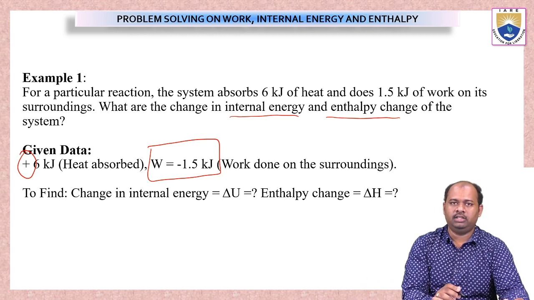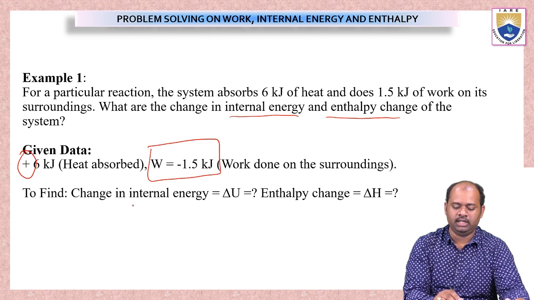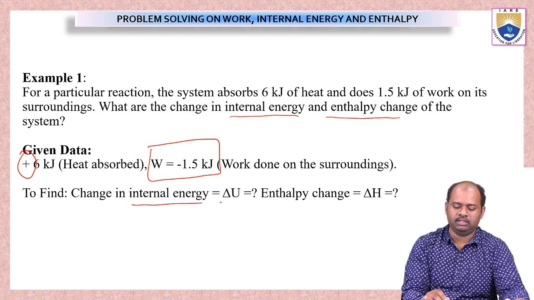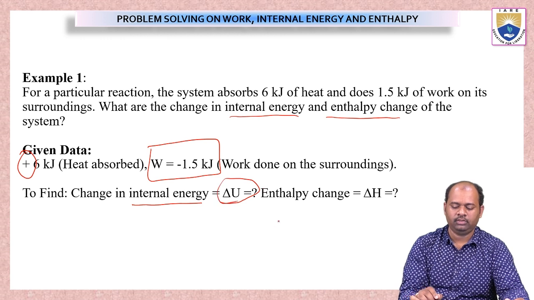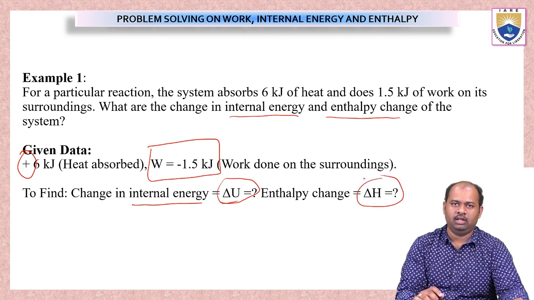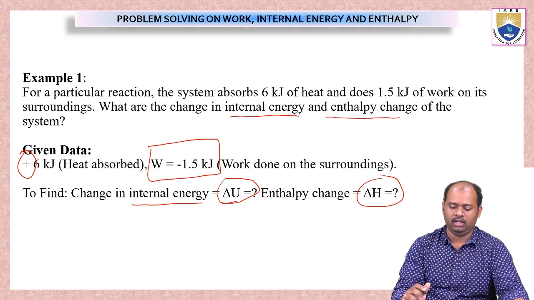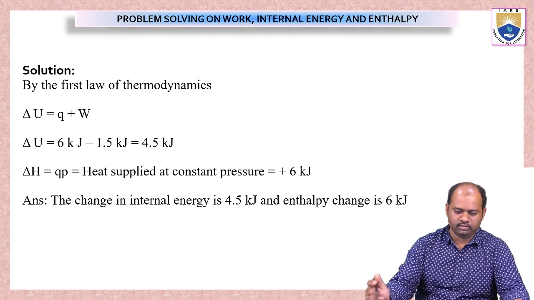Next, what are the things we have to find in this question? We have to calculate the internal energy, that is delta U, and also the enthalpy change. How much enthalpy has been changed during this entire process. Now, let us solve this.